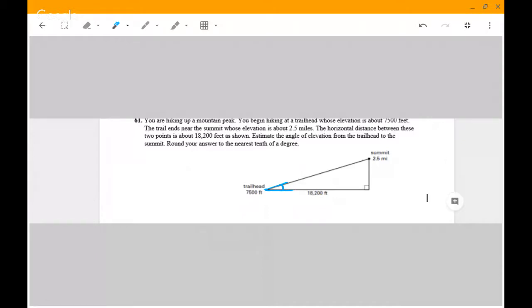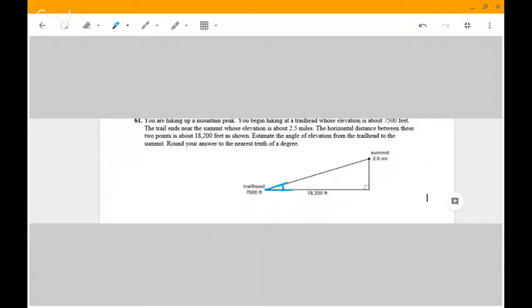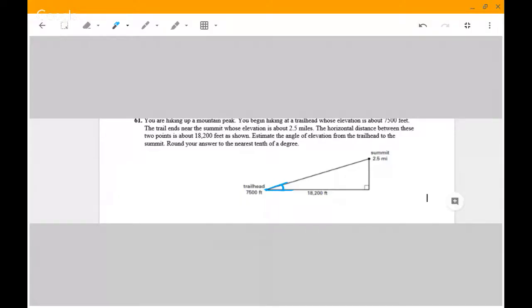Okay, so then convert the 2.5 miles to feet, and find the difference between the height of the summit and the height of the trailhead to get this side right here. Yes.